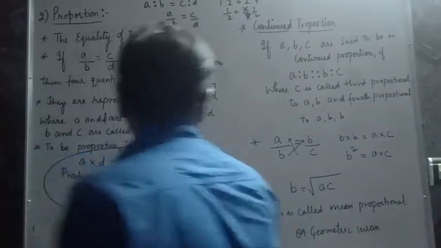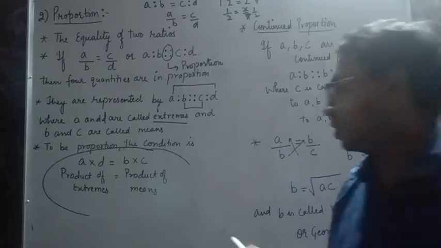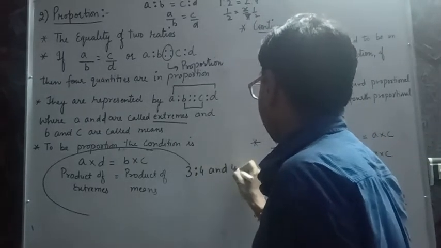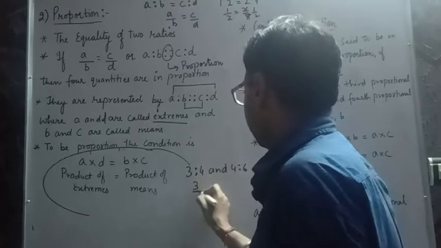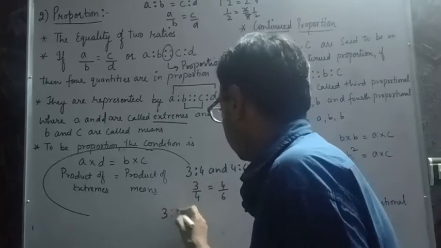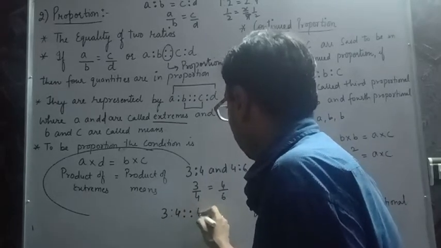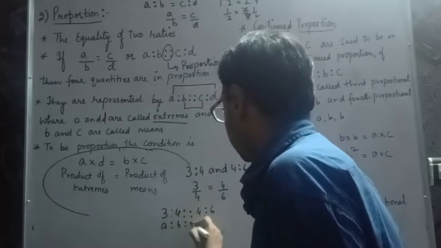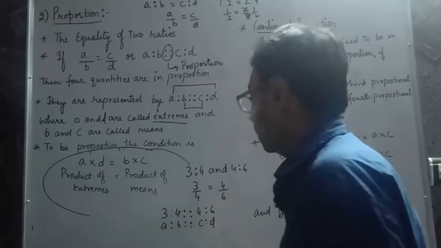I'll just write here. I was talking about 3:4 and 4:6, so we'll be writing 3/4 is equal to 4/6. It means 3:4 proportionate to 4:6. So A ratio B double ratio C ratio D. This is how we will be writing.